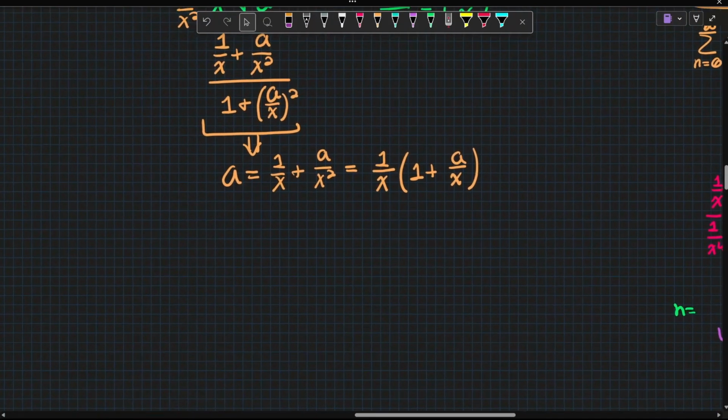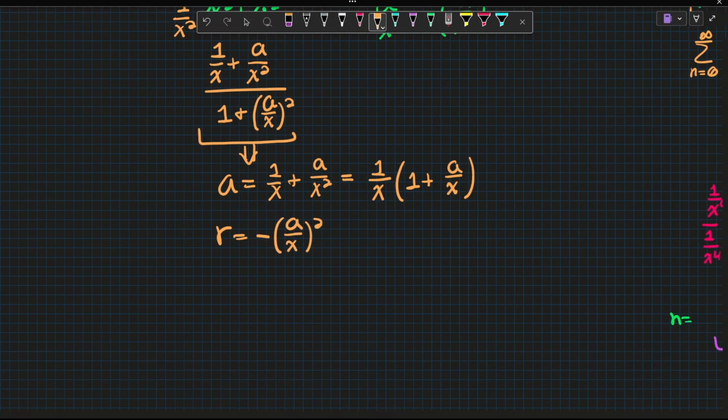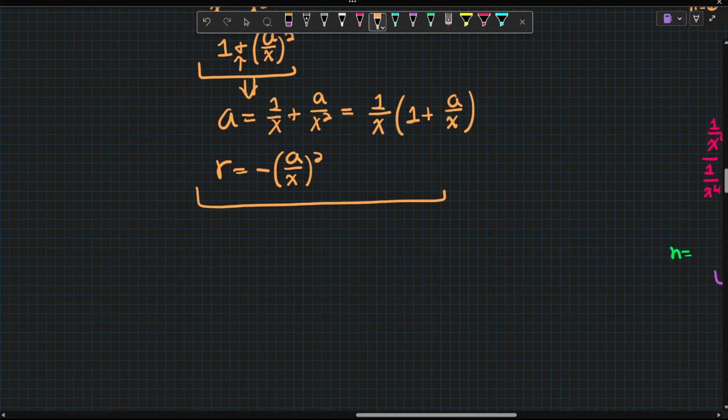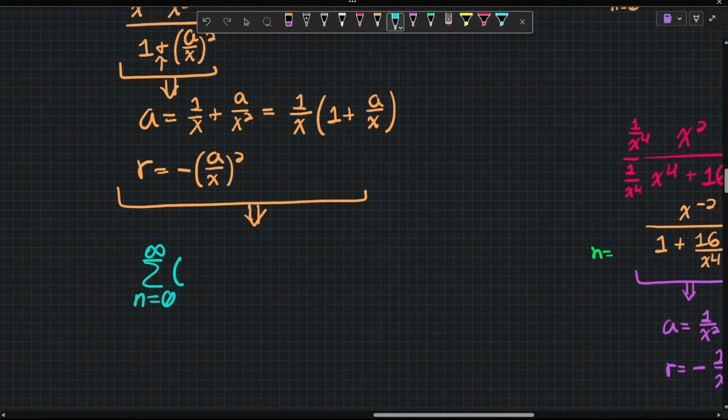You don't need to do that, I just think it looks nicer. Now r must be the negative of a over x squared, because of course we have a positive term here. Now from this we extract our series to be n starts at 0, goes to infinity. Begin with the alternating term, then you go to the constants.